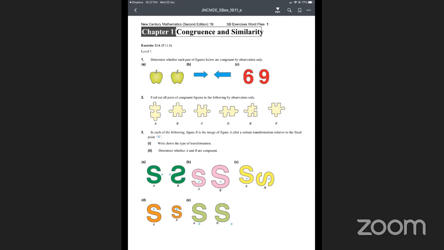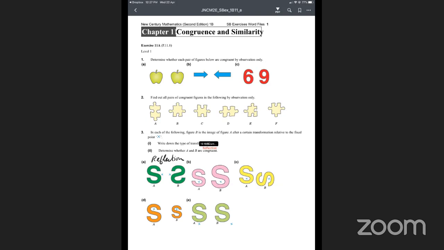Let's look at it one by one. For part A, what kind of transformation is it? Do you still remember the name? It starts with R. Reflection. Yes, reflection. And are they congruent?